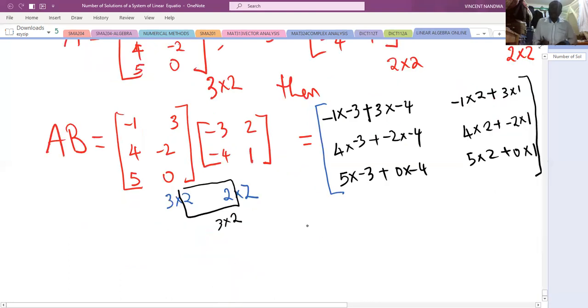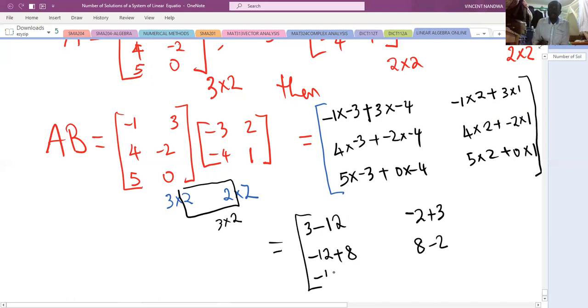So then this will give me -1 times -3 is 3, minus 12. And then this will be -2 plus 3. This will be -12 plus 8. This will be 8 minus 2. This will be -15 plus 0. And this will be 10 plus 0.